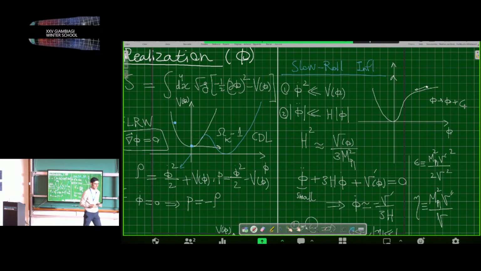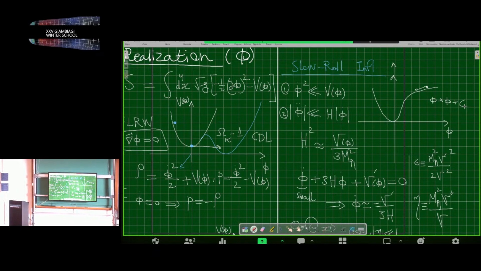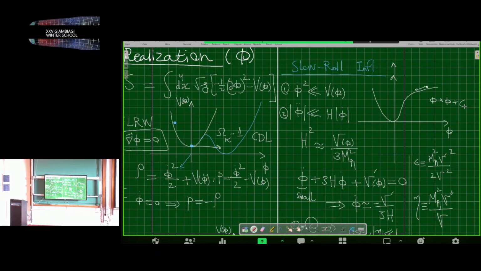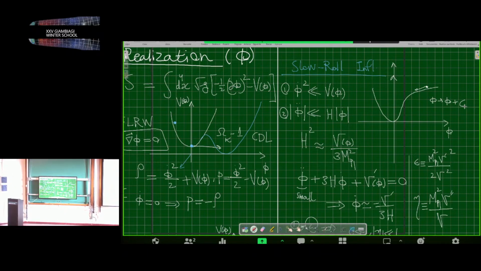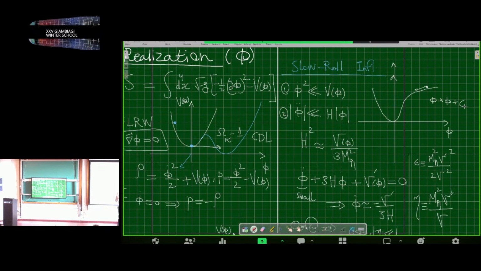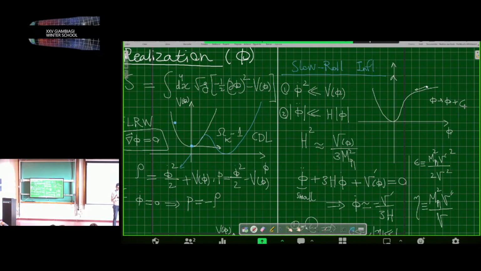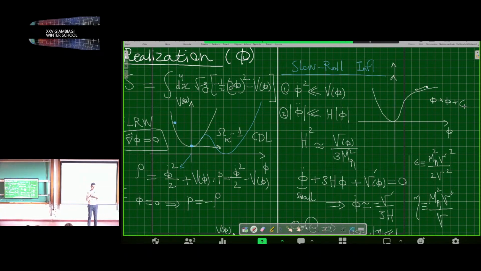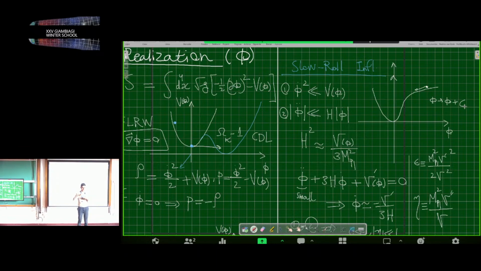Yeah, so reheating is the process in which the inflaton decays into standard model particles. It's a general name. Reheating is really the transition between inflation and a radiation-dominated phase. Now, this can happen in different stages.